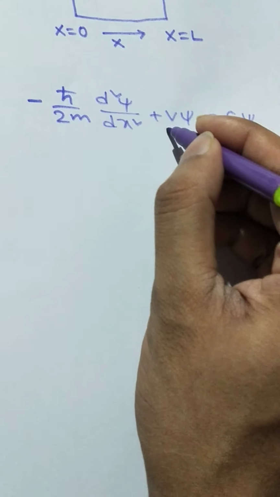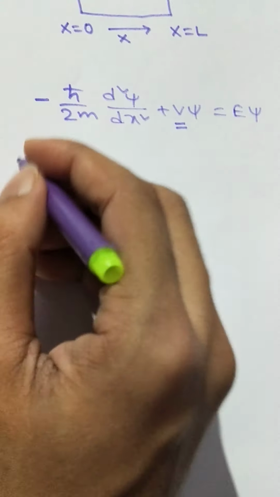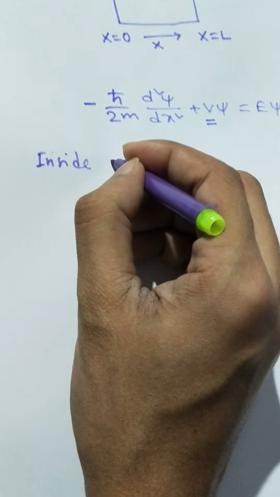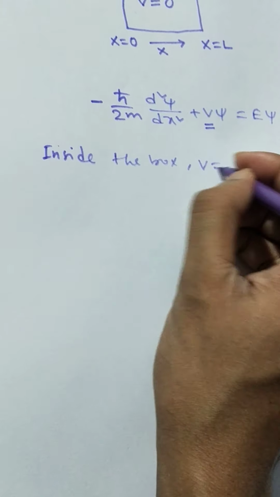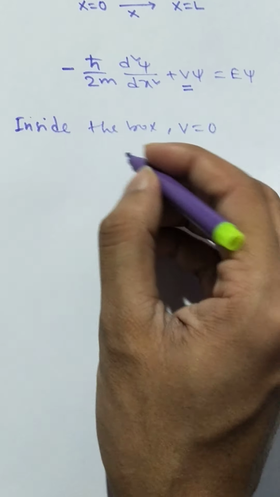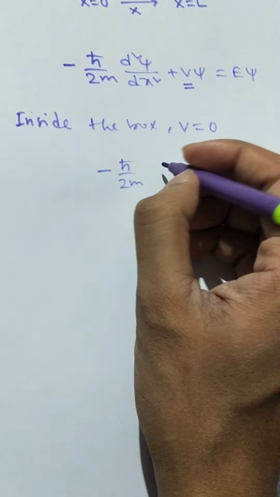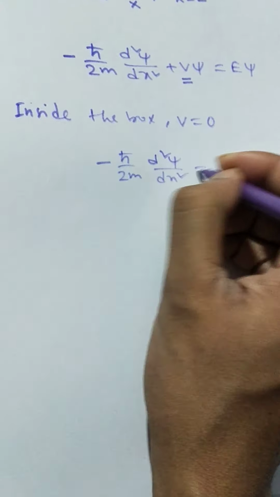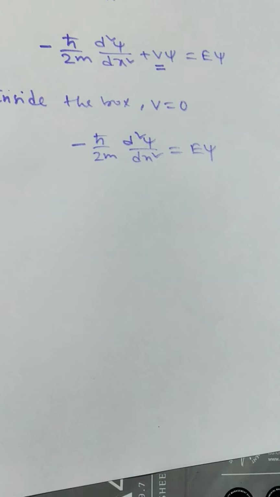Inside the box V is 0. Then the equation becomes minus h cut square by 2m d2 psi by dx2 equals E psi.